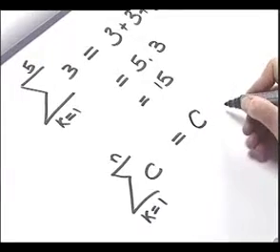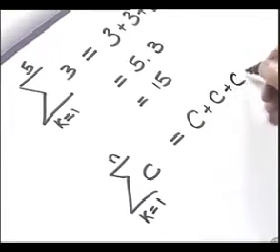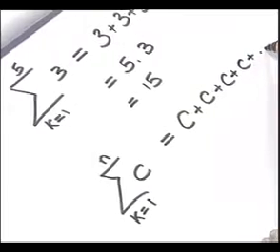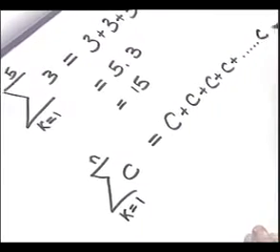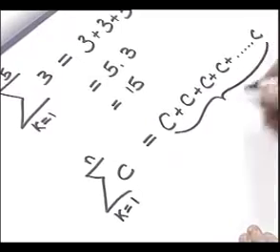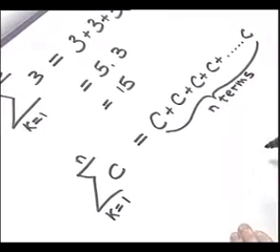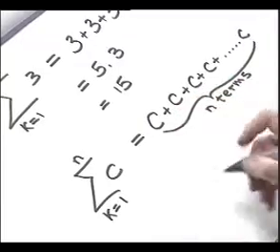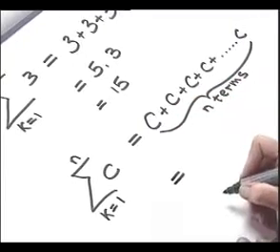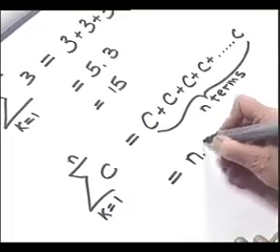So k equal 1 is c, k equal 2, c, and so on, up to the last c, such that we have n terms. Because we've got n lots of c, this sum can be simplified dead easily to n times c.